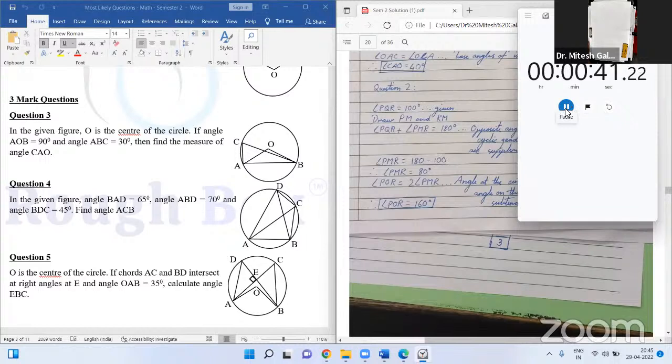Slightly tricky because they're asking you CAO. ABC is given to us and AOB is given. Find CAO.